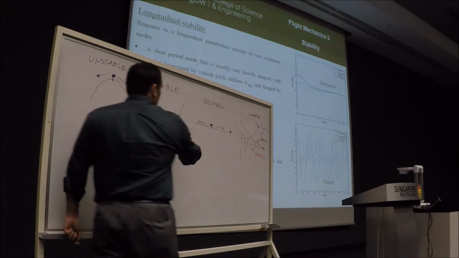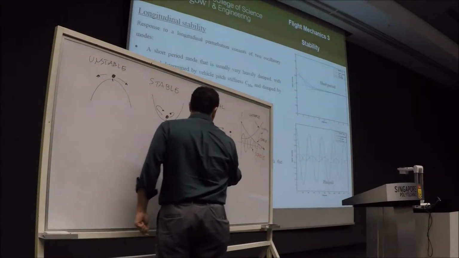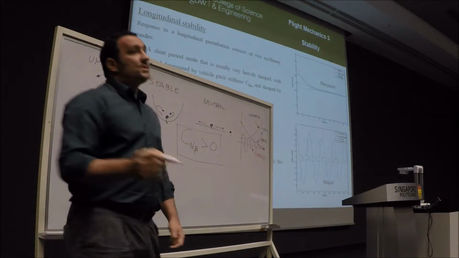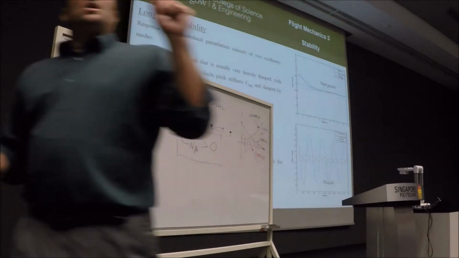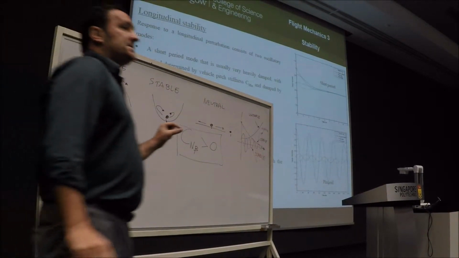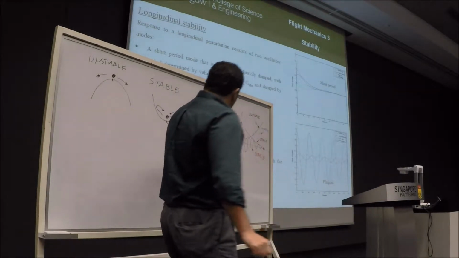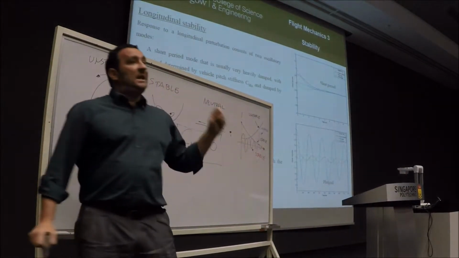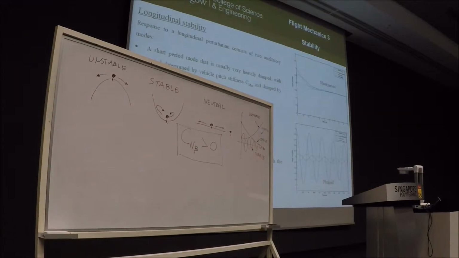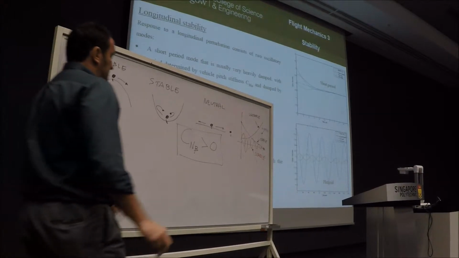So for this coefficient here, it contributes to stability only when positive. Okay? All the other cases, the aerodynamic coefficient has to be negative to contribute to the stability of the aircraft. Okay? Apart from this case.